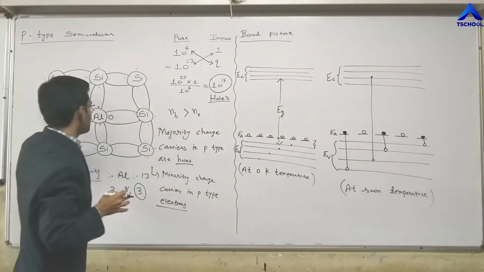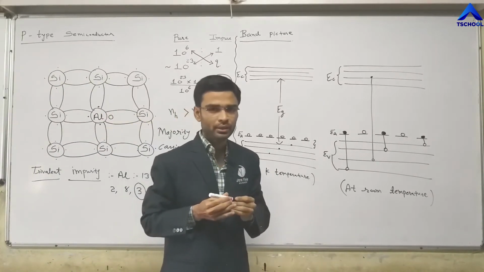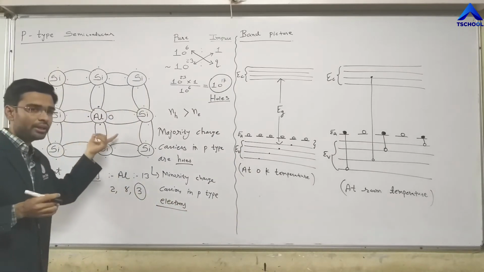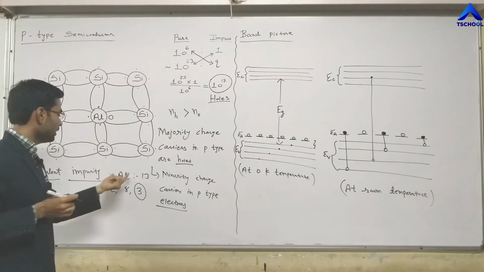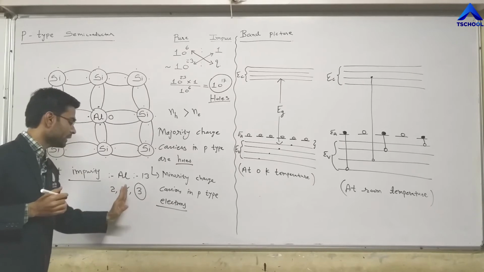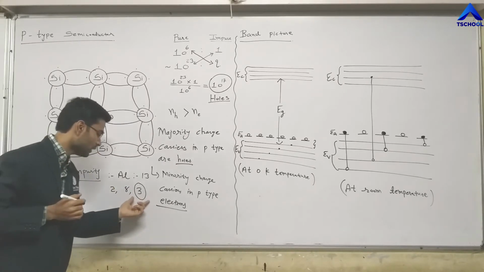Now, we have seen in the p-type semiconductor, again I repeat quickly, that we have added trivalent impurities like aluminum, having atomic number 13 and electronic configuration 2, 8, 3. In the outer orbit there are only 3 valence electrons.